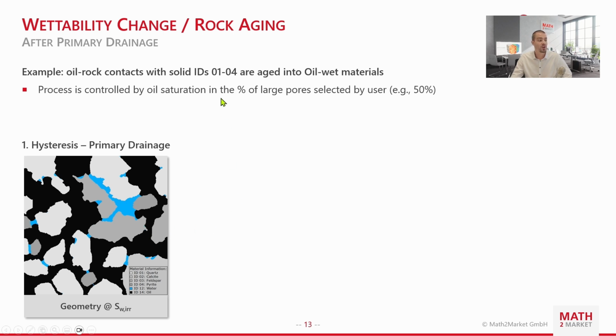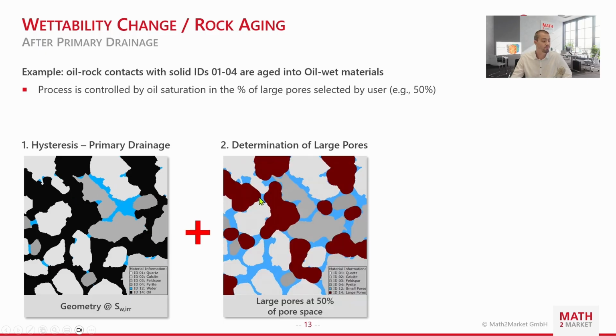Now, different solid materials can be used for the aging process. So, for example, if your rock has many different minerals identified, like in this case, you could age each one of them individually.